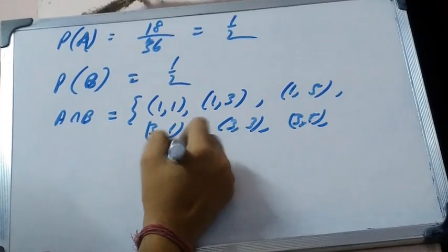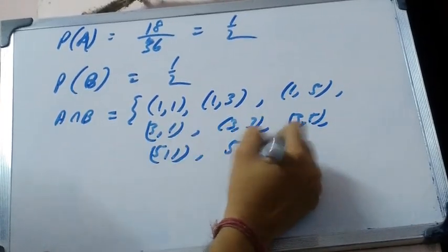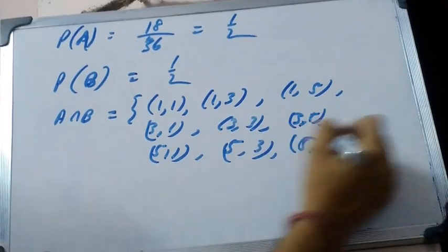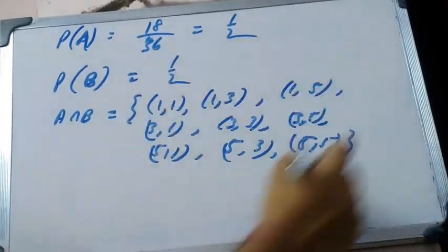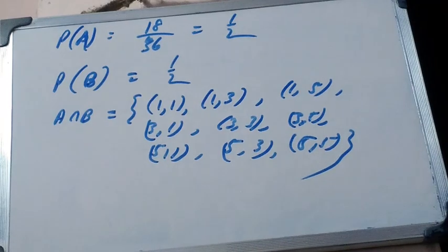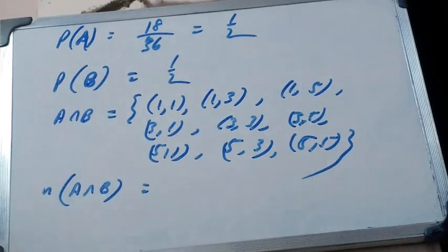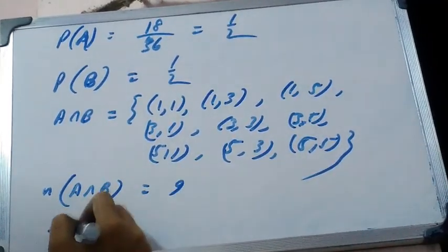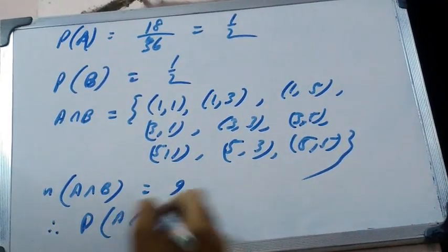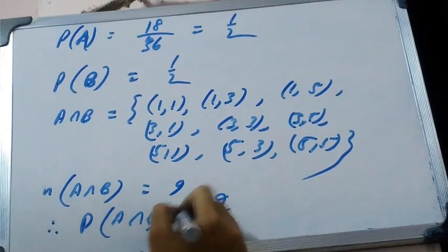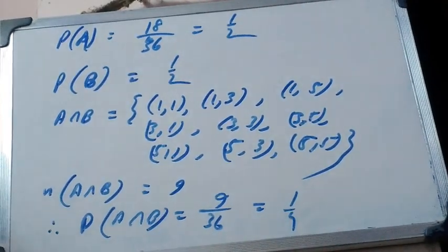And finally (5, 1), (5, 3) and (5, 5). So we have a total of 9 possibilities. That means the number of outcomes in A intersection B is 9. So the probability of A intersection B is 9 by 36, which is equal to 1 by 4.